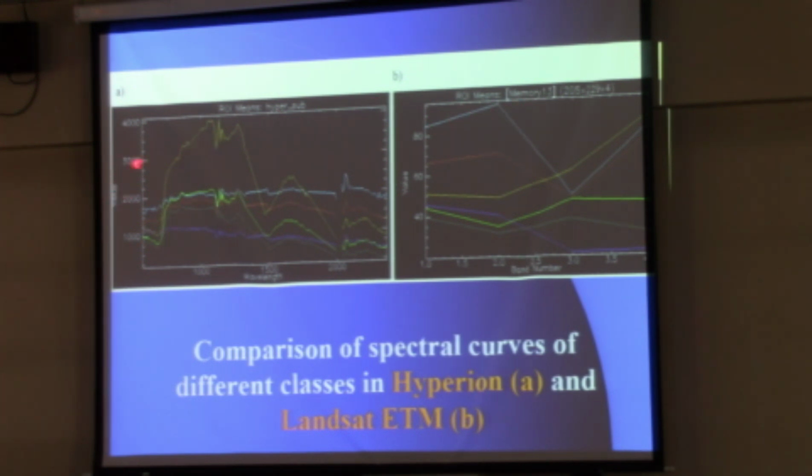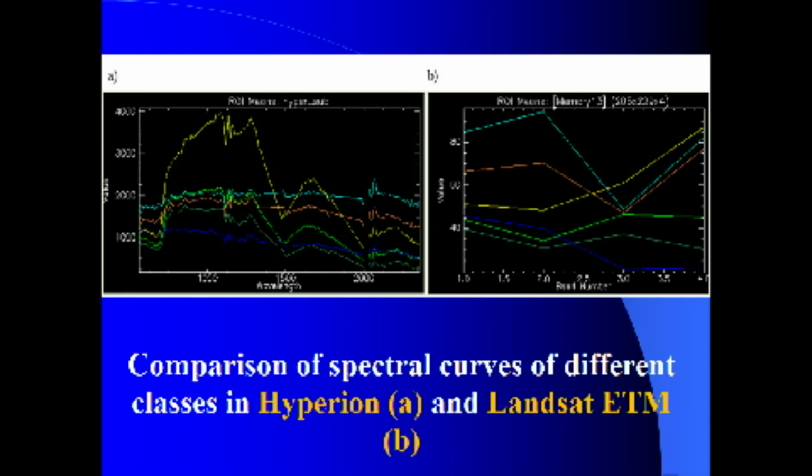Meanwhile, in the hyperspectral images we can look at the detailed description of the spectral curves, and that's why it's very useful to distinguish between the overlapping spectral classes.